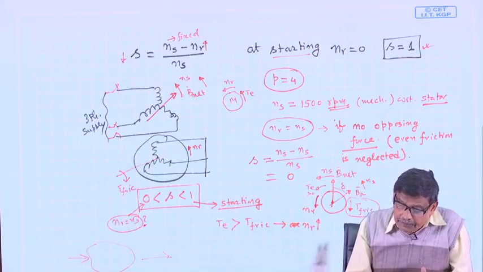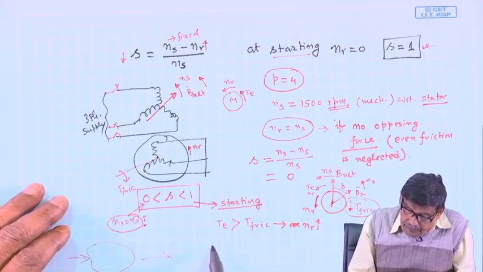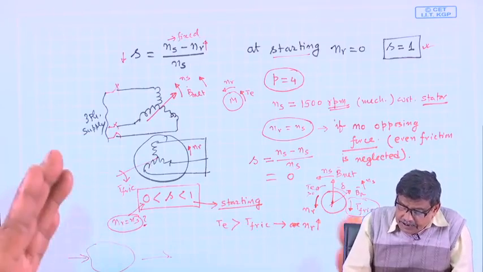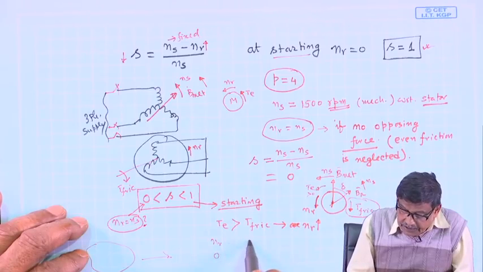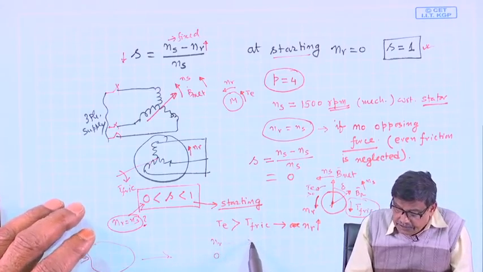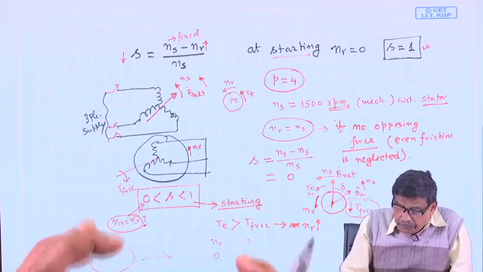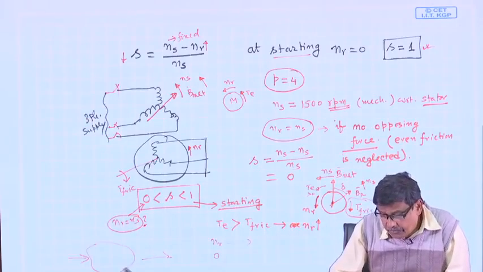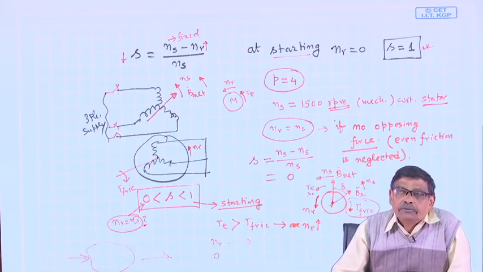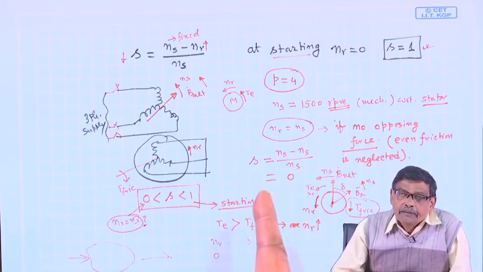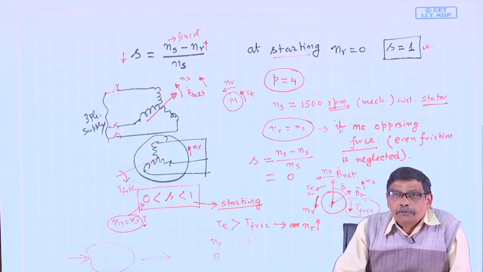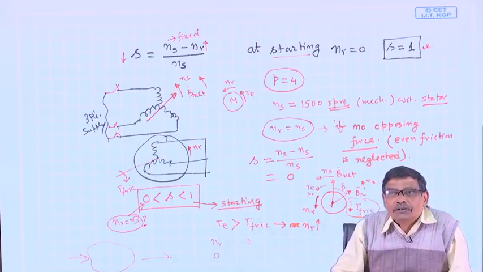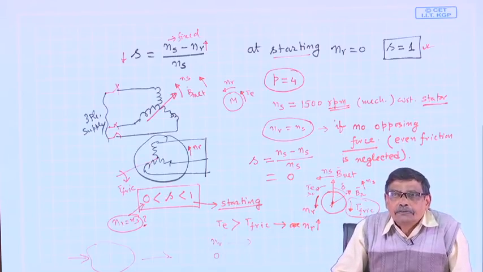Therefore, it looks like that: slip in terms of speed, Nr at starting was 0, Nr will increase and will eventually settle down. Rotor speed will eventually settle down to that value which is less than Ns, it has to be, such that enough torque the motor can develop to balance the opposing torque. It is at that speed it will settle down.